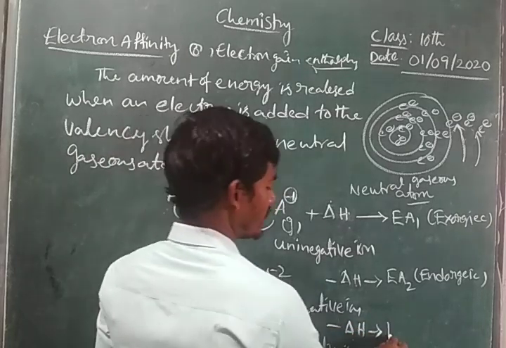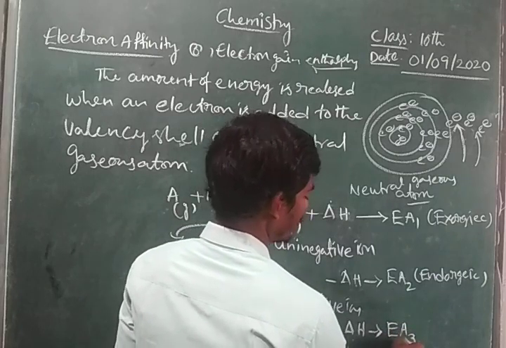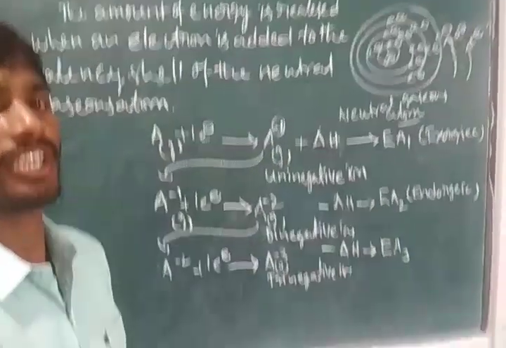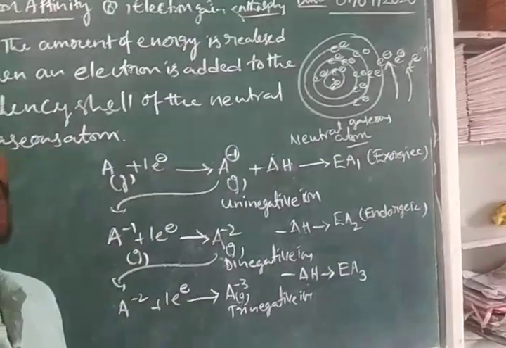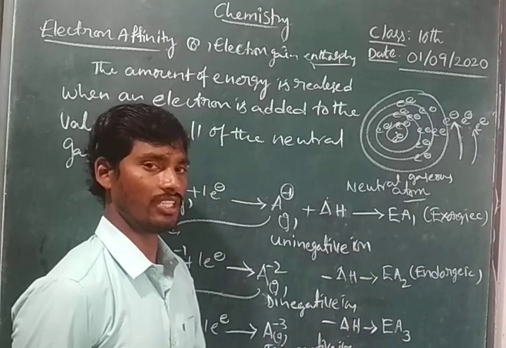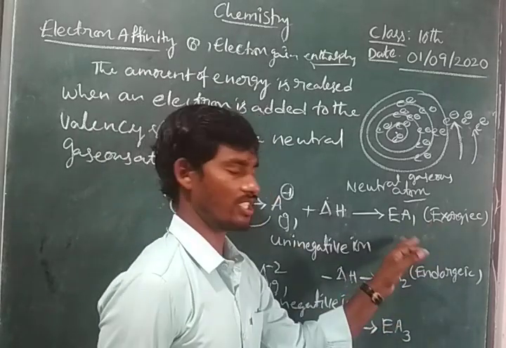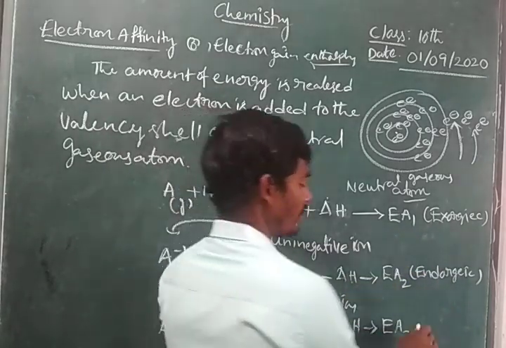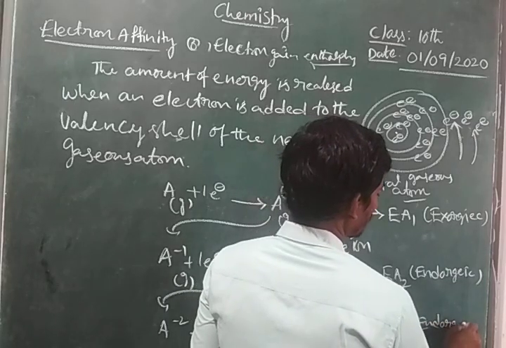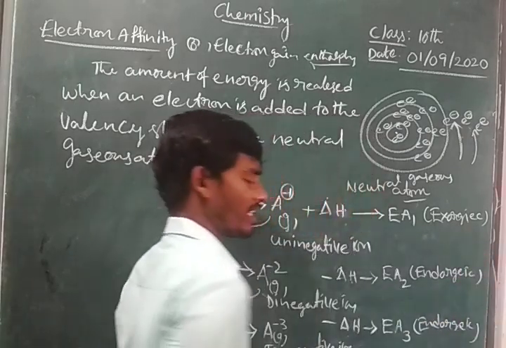That is the energy we consider as electron affinity 3. Among EA1, EA2, EA3, EA1 is exothermic, and EA2 and EA3 are endothermic.